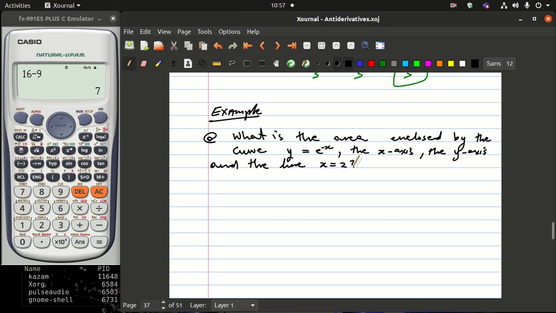So it is x is equal to 2. And then, of course, we have our B.